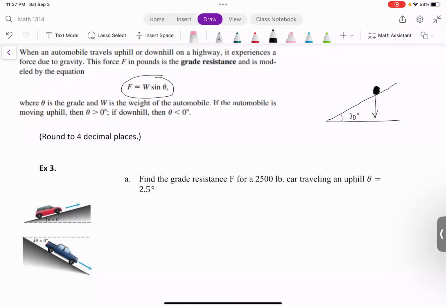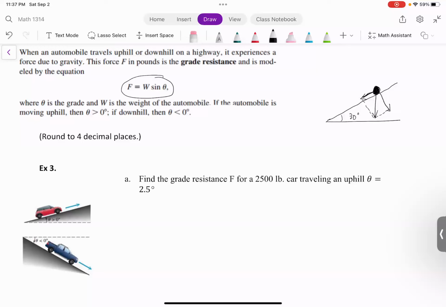If I assume that this slope doesn't have friction, this weight will separate into this direction because it gives pressure to the slope or road, and also it separates into another direction parallel to the slope, this direction.